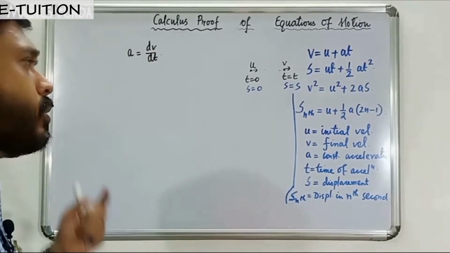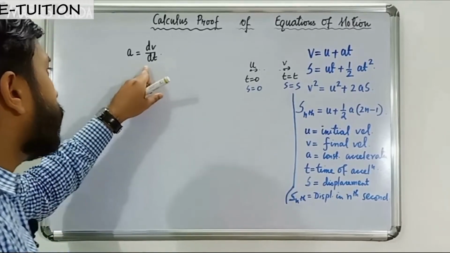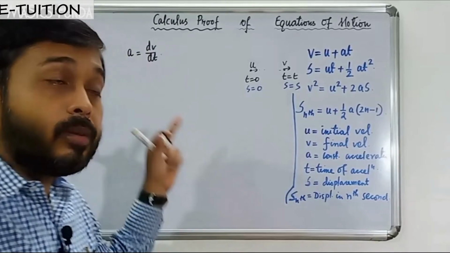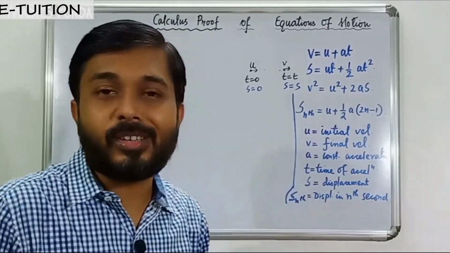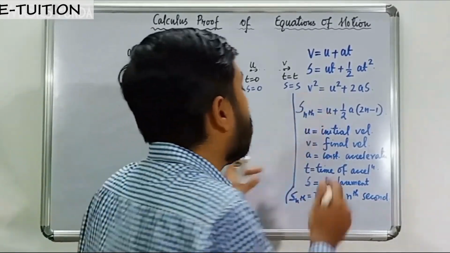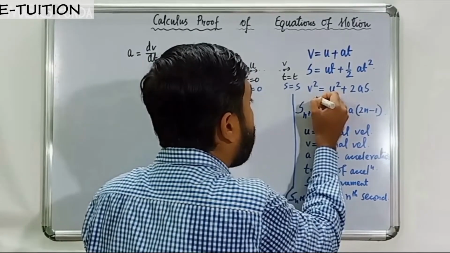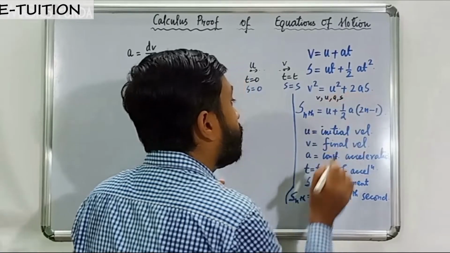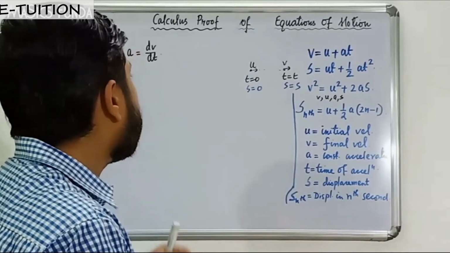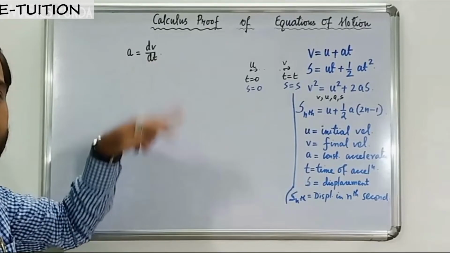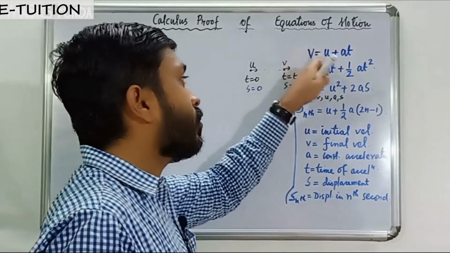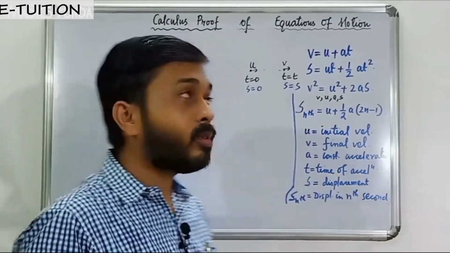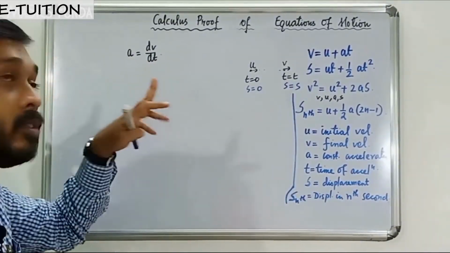One point to be noted is that this equation contains dt, so t is going to come as a result of integrating, but the third equation of motion is devoid of t. Surprisingly, the third equation of motion has only final velocity, initial velocity, acceleration and displacement. So there is displacement which I have to bring in this equation somehow. First equation of motion contained t, second one also contained t, the time, the third one is devoid of t, so we have to get rid of this dt somehow.